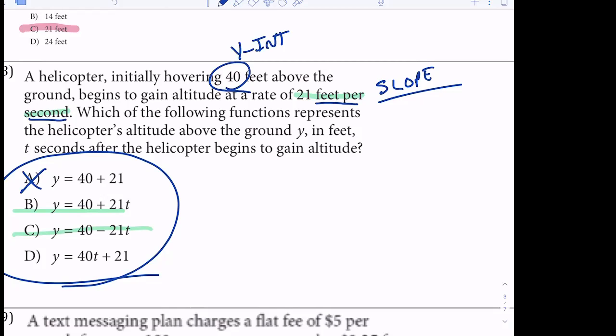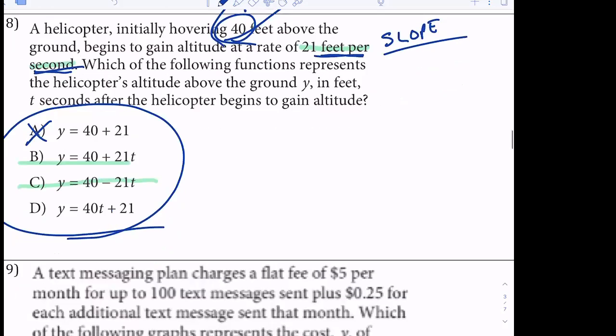I need everybody. Please, I promise you, it will make a big difference in your grades if you can understand that 40 represents the y-intercept and feet per second represents the slope. So in our equation, y equals mx plus b, m is what value in this problem?